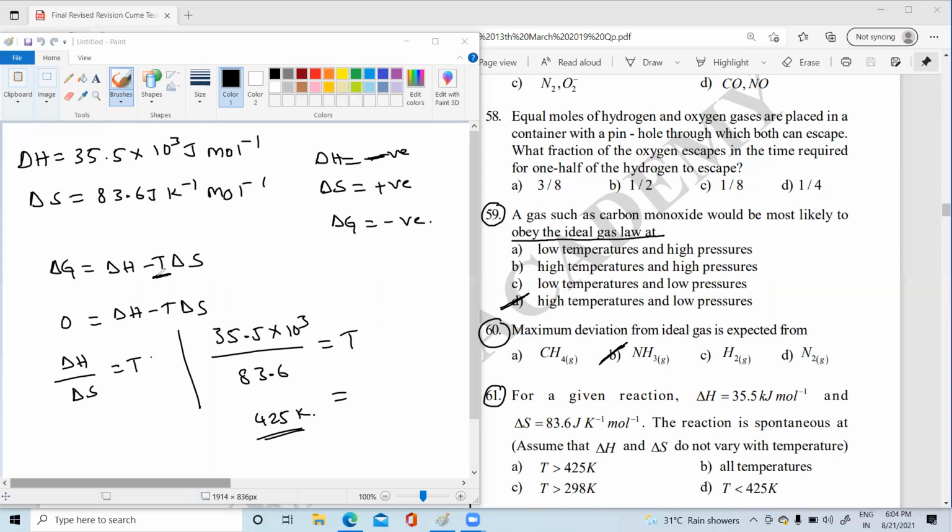If the temperature is greater than this, then only del G will be negative, and the reaction will be spontaneous. So option should be A.